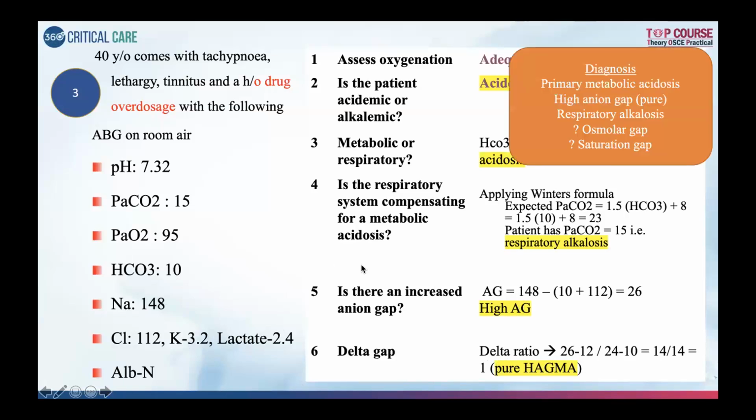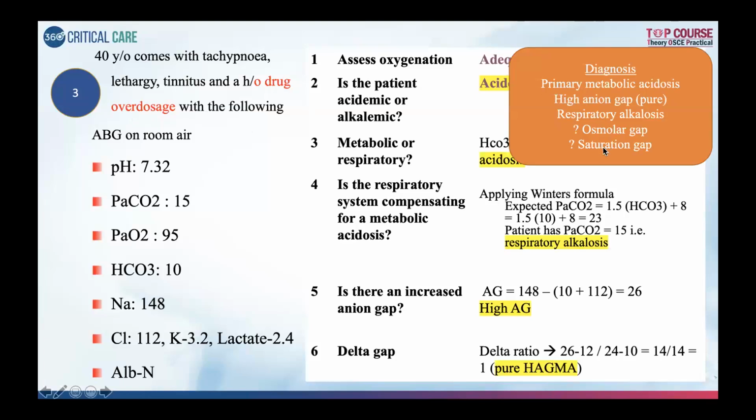What is the reason? It's a primary metabolic acidosis, predominantly and purely high anion gap, along with some respiratory alkalosis as well. So this is a patient with a drug overdose. In case you're given serum osmolality, you'll have to check for that.